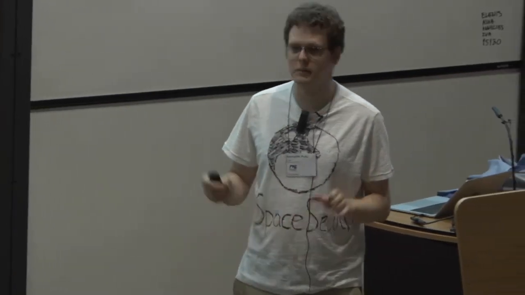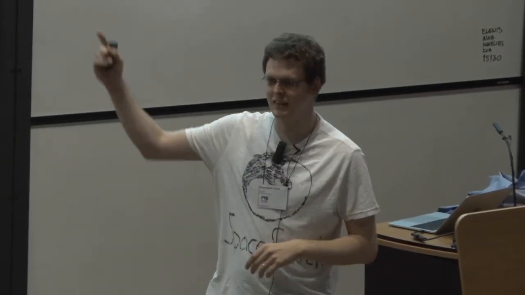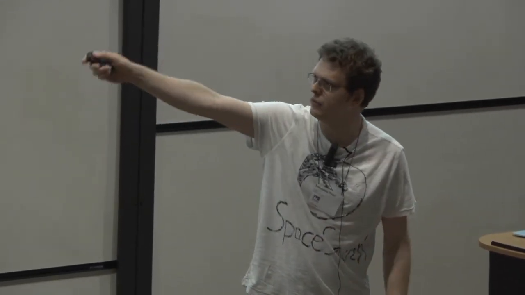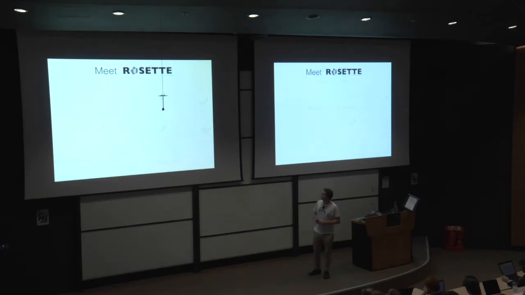OK, so we're one step closer to getting this to be run by an SMT solver, but we're not quite there yet. So how can we actually efficiently execute this code that we have here? To understand that, let me first introduce you to the Rosette programming language.